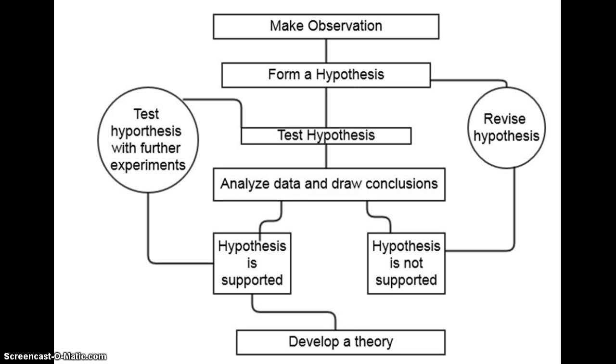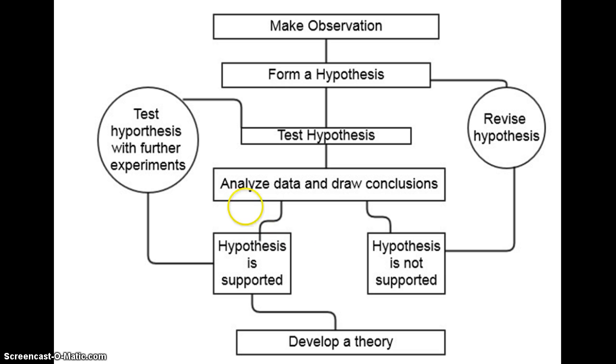Looking at this flowchart, you can see you start up here with making an observation. After that, you form a hypothesis, and then you test that hypothesis. After that, you can analyze your data and draw conclusions. Then, either of two things can happen.